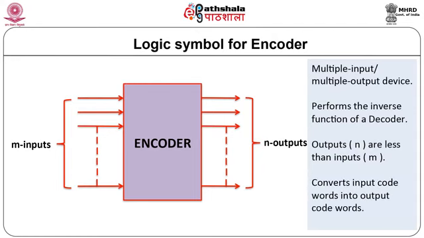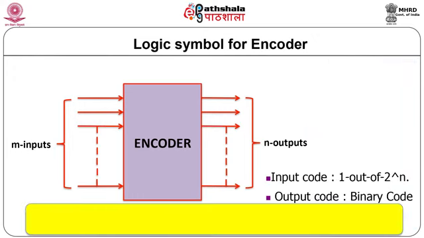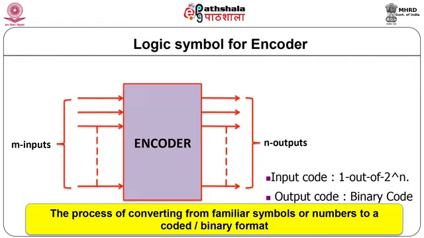Here, the number of inputs has the following relation: M is less than or equal to 2 raised to n. Thus, the encoder accepts an M input digital word and converts it into an n bit digital word. Encoders can also be devised to encode various symbols and characters for the keypad and keyboards. Some of the most commonly used encoders are linear encoders and priority encoders.